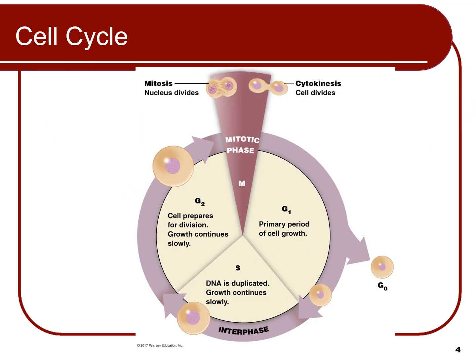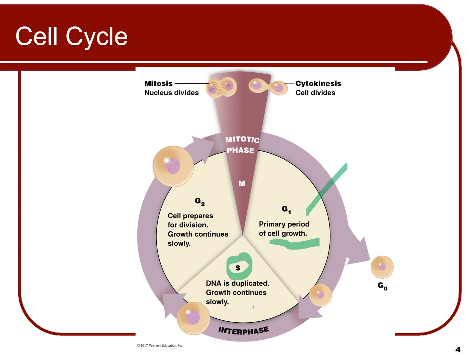So this is just another picture which kind of shows the same thing. Here we have our brand new cell. It enters into G1, which is primarily growth. Then if it gets the signal, it leaves G1, enters into the S phase, which is when it makes a copy of all of its DNA.